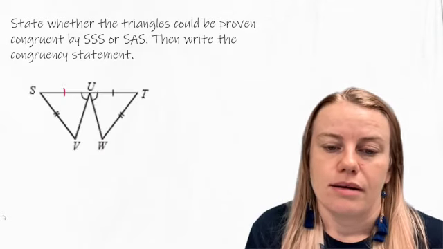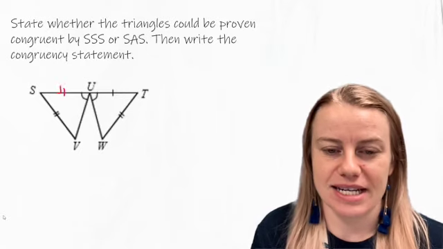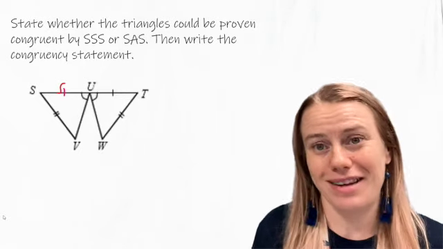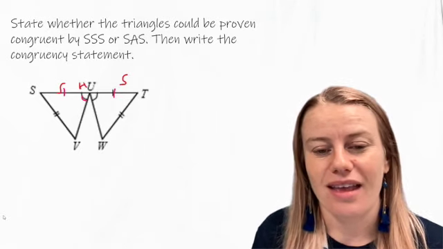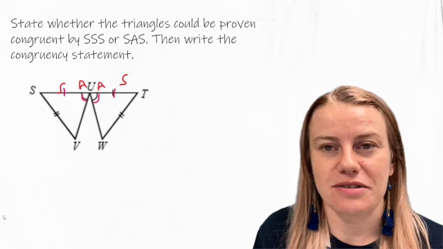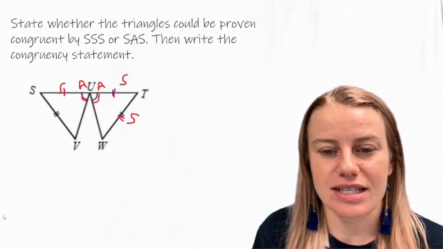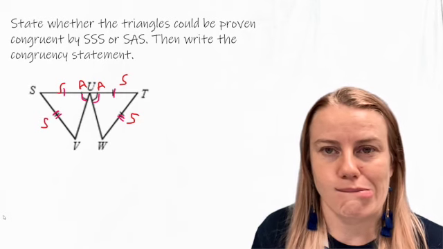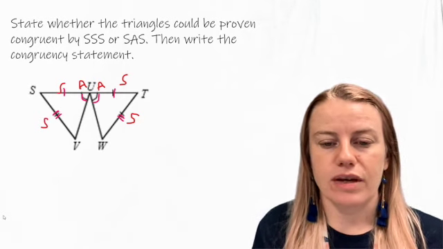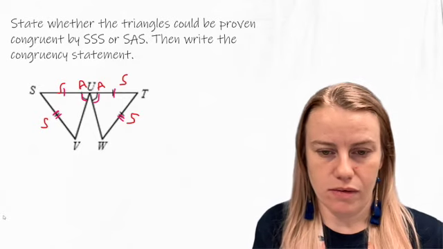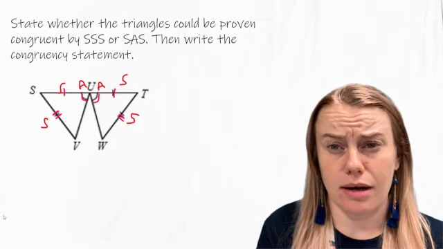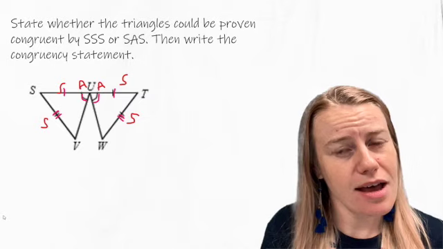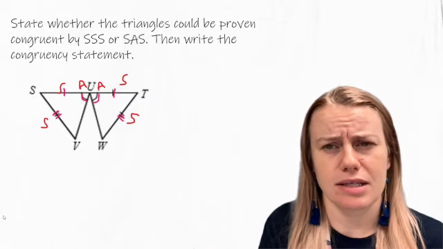All right, this side is congruent to this side, and we got this angle congruent to this angle, and this side congruent to this side. So we've got side, side, angle. If I read it the other way, we got ASS, angle, side, side.